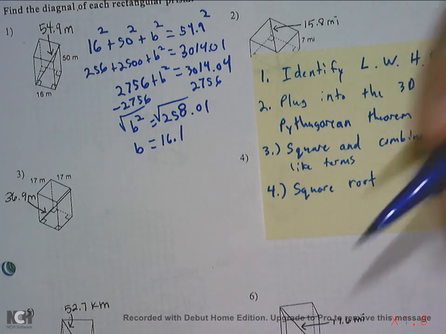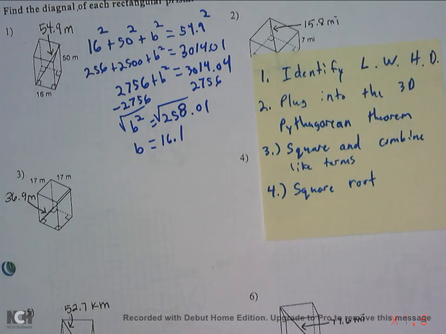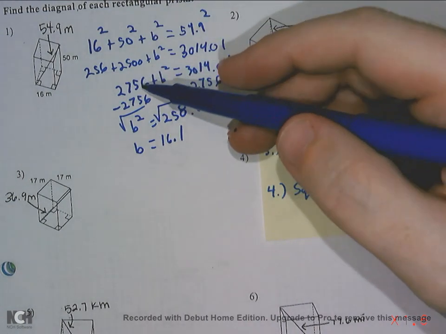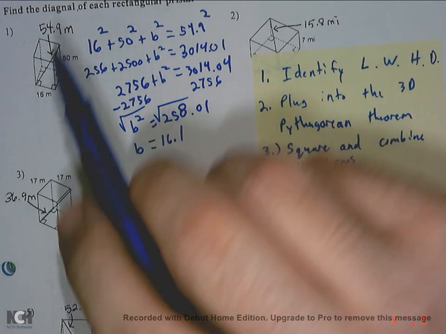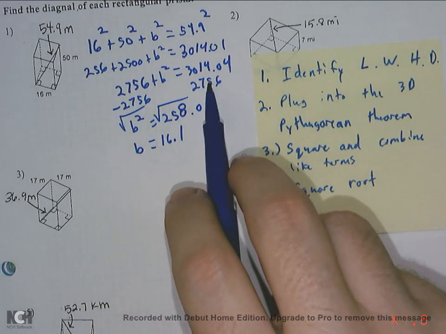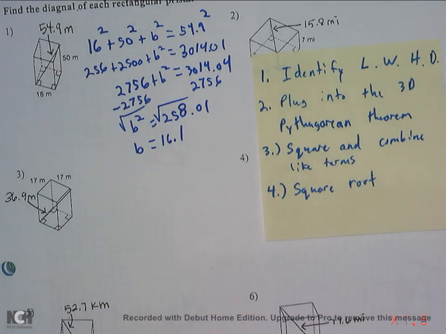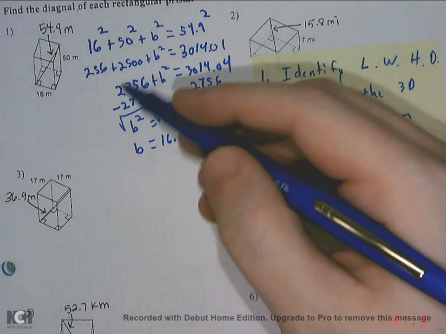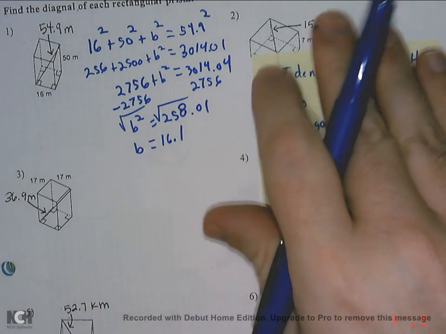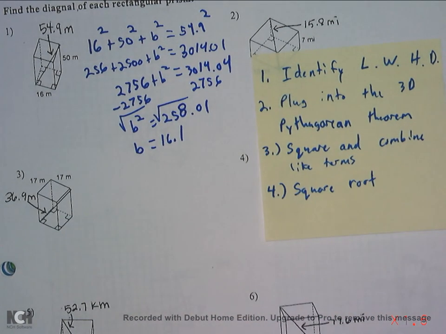Okay? So not too tough. Again, the only difference here compared to what we did last time is we minus to the other side instead of just adding everything together. So we combine the two numbers we have, minus it to the other side, and then square root.